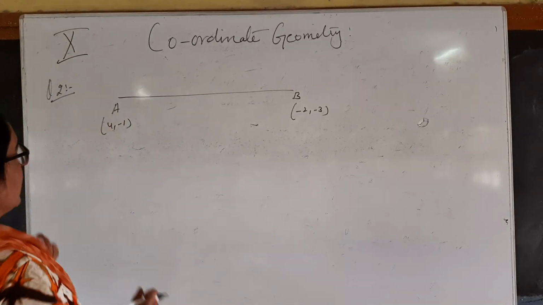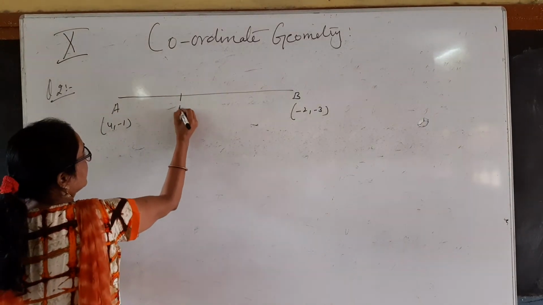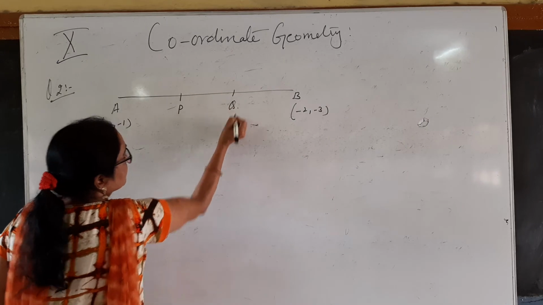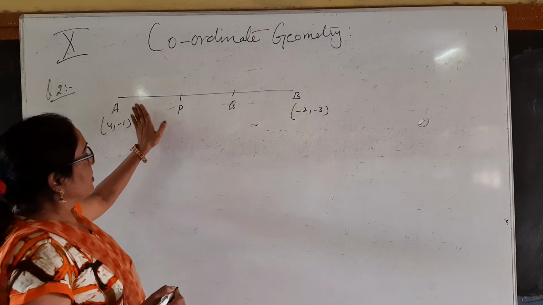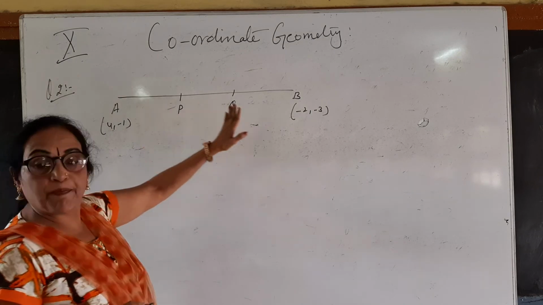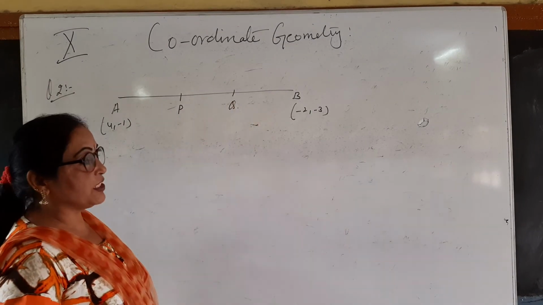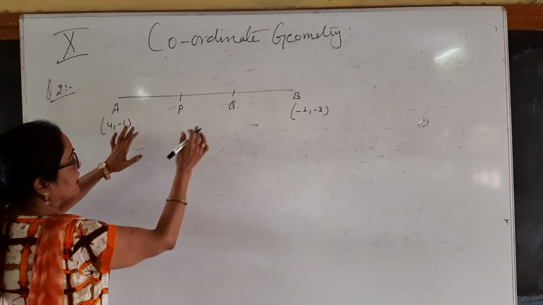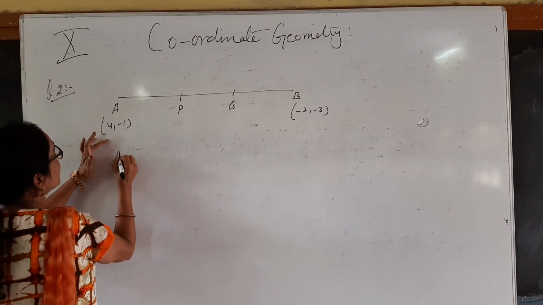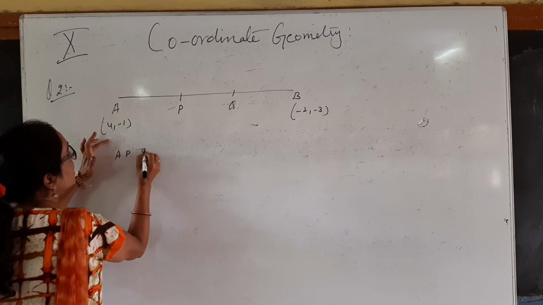Trisecting the line. So let P be the point here and Q is any point here. Trisecting means the points are cutting the line in 3 parts. So P and Q are the points here. First from here it is cutting in 3 portions, so AP and PB.